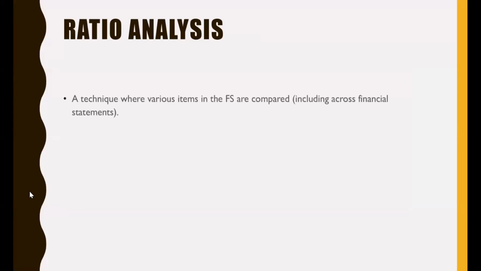Ratio analysis is a technique where various items in the financial statements are compared, including across financial statements. Financial ratio analysis identifies significant relationships between key financial statement items. Ratio analysis promotes intra-comparability, or comparability between two accounting periods within the same entity, like horizontal analysis. So comparing the figures in 2020 to 2021 or to 2022 and so on.